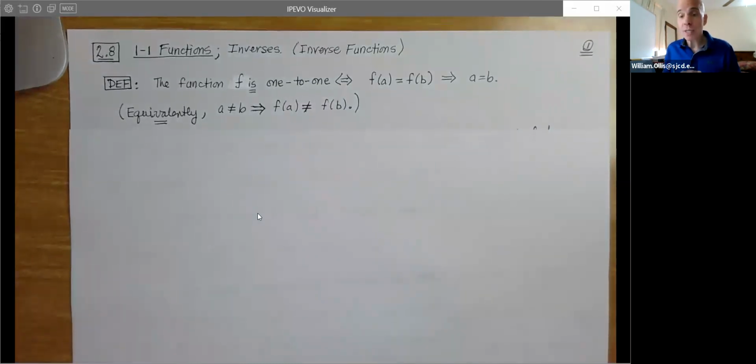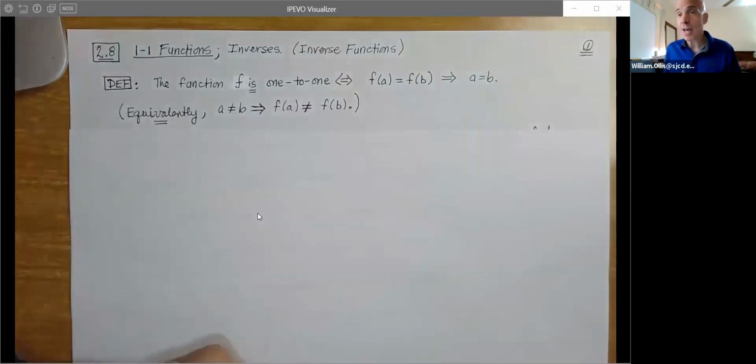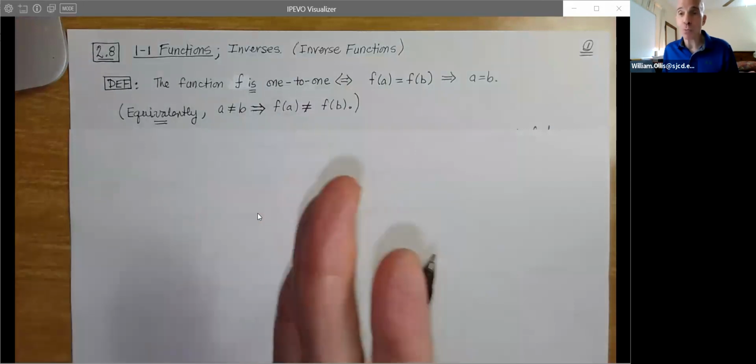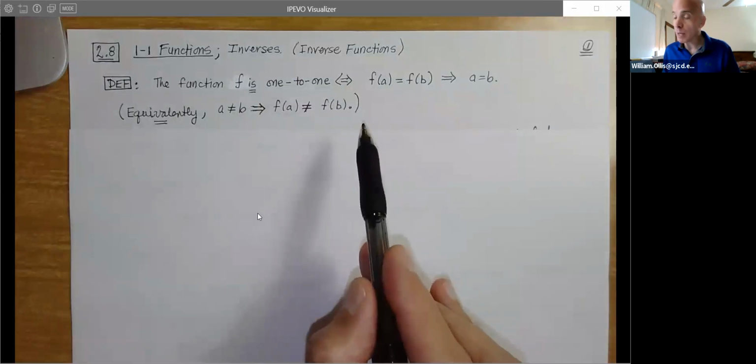But unfortunately, they are quite restricted. You know, we would love for every function to be even or odd so we know lots of things about it, or maybe we would really like for every function to have an inverse. That would be a perfect world. So unfortunately, that's not the case. But when we do encounter them, we want to understand them. So the very first definition is this one.